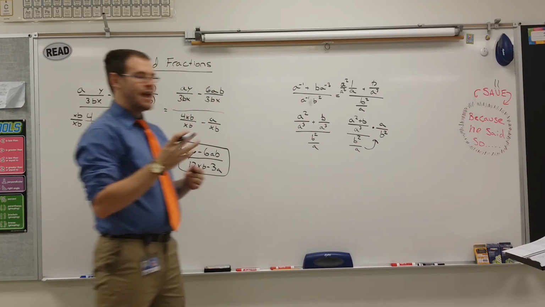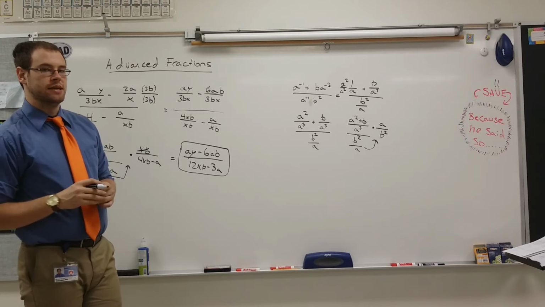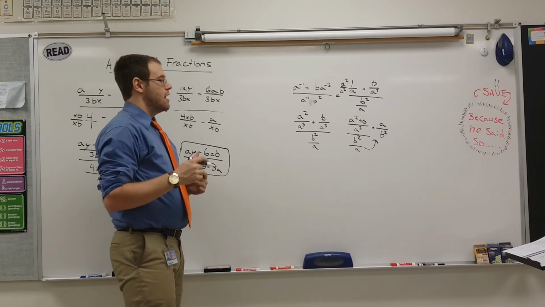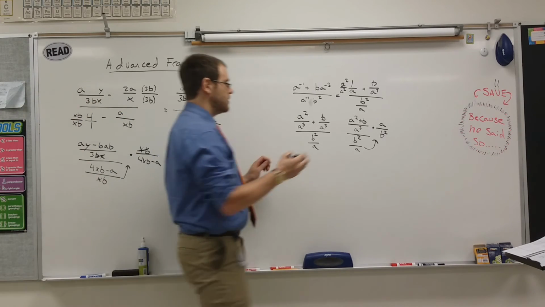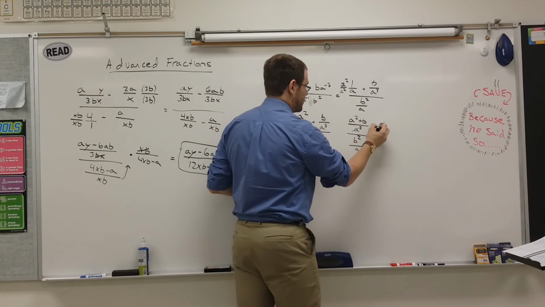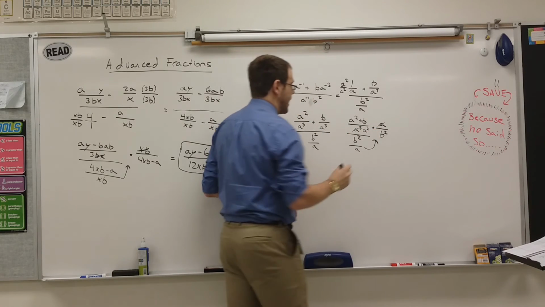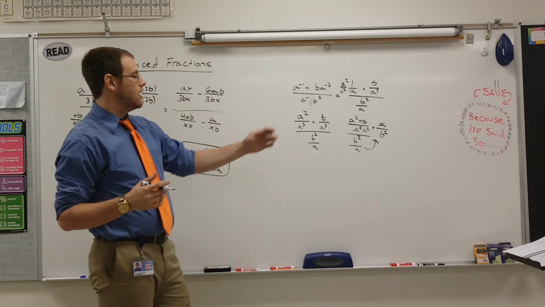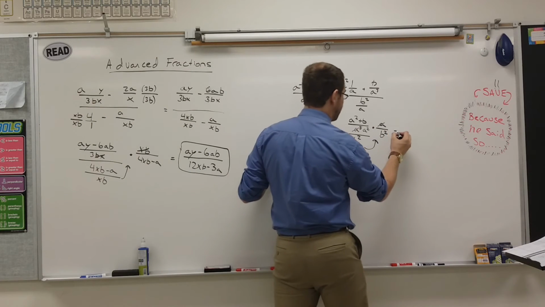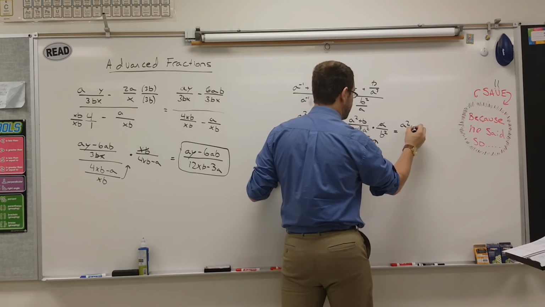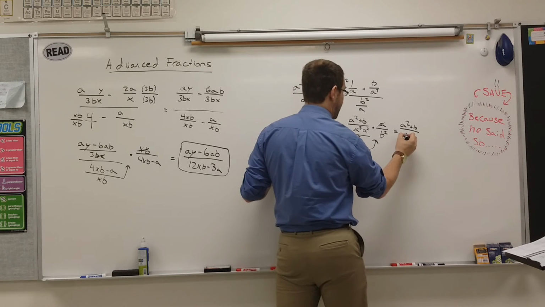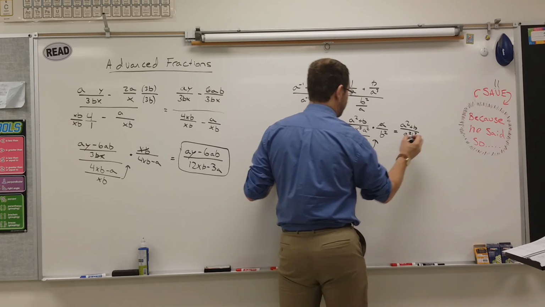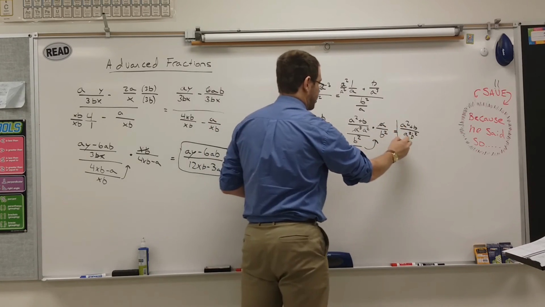Once again, a and a to the third can reduce because it's a multiplication problem and they're like terms. So this can become an a squared, this can go away, and now I've simplified and I can continue on with my problem. I'll end up getting a squared plus b on the top and a squared b squared on the bottom, being my final answer.